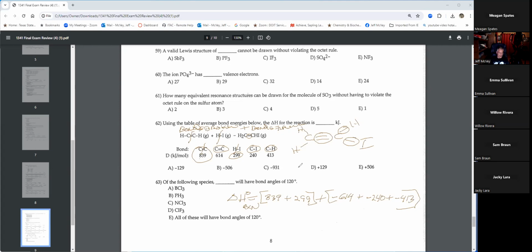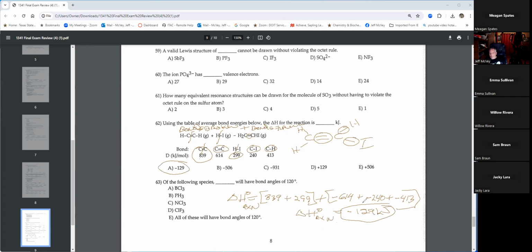Close my parentheses, and I get a minus 129. That would be A. So the delta H for this reaction under standard conditions is equal to a minus 129 kilojoules.